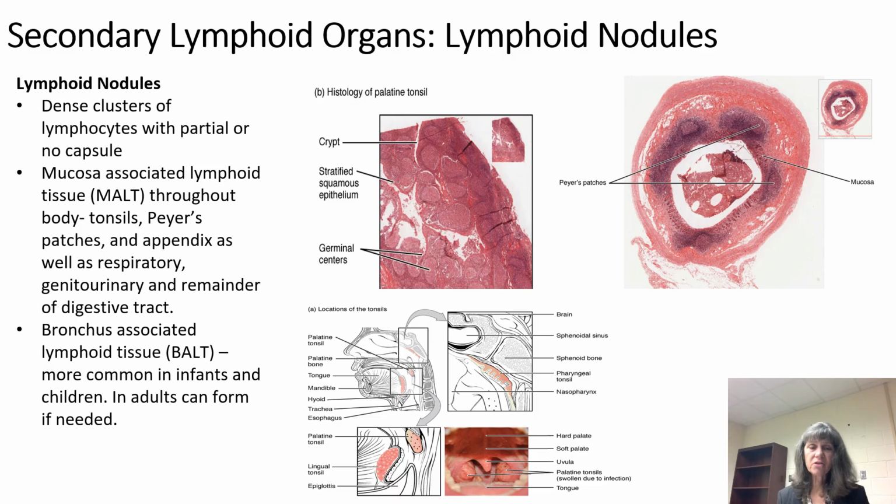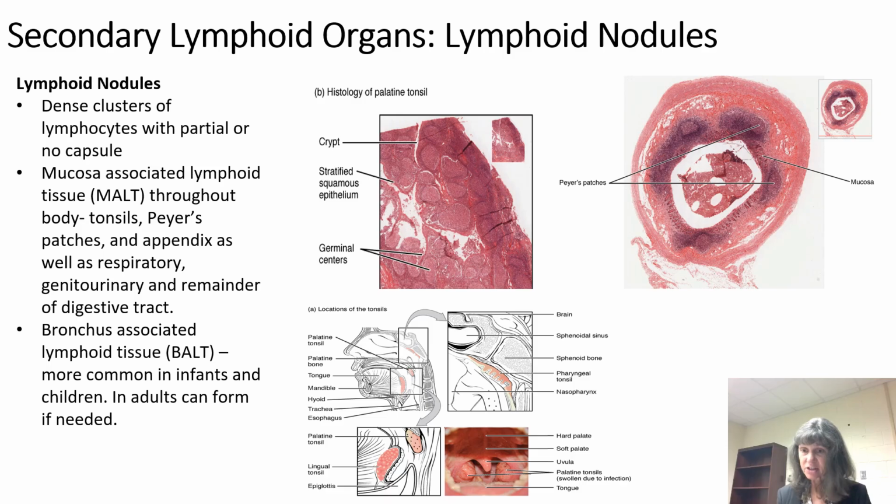Now, in the respiratory system, in the bronchi, there's something called bronchus-associated lymphoid tissue, or BALT, and that's usually more commonly found in infants and children. In adults, it's usually not found unless it's needed.